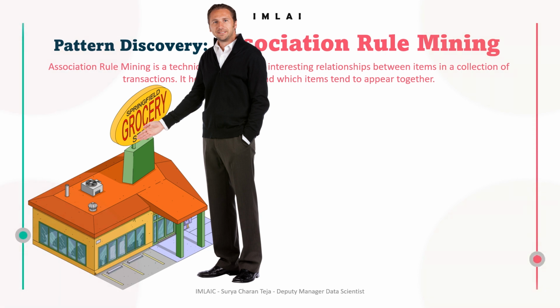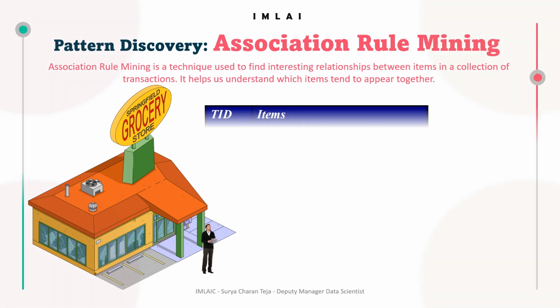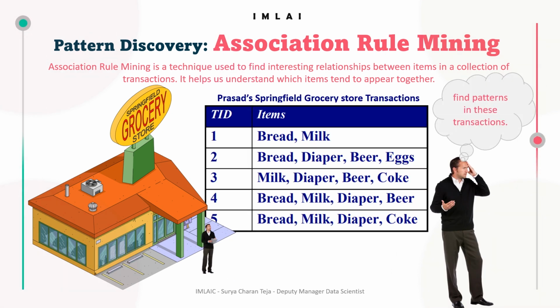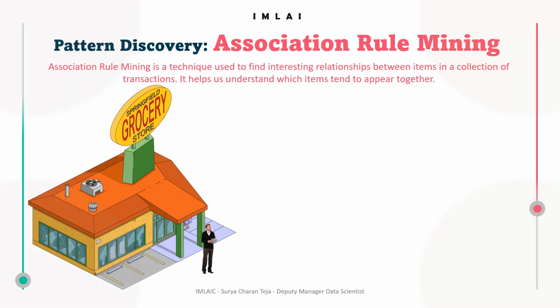So let's imagine this Prasad, like let's take this imaginary or hypothetical example. This Prasad has a grocery store and he wants to understand the buying habits of his customers. So he has a record of all the transactions made by different customers.